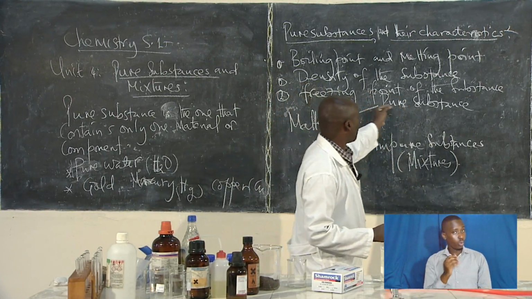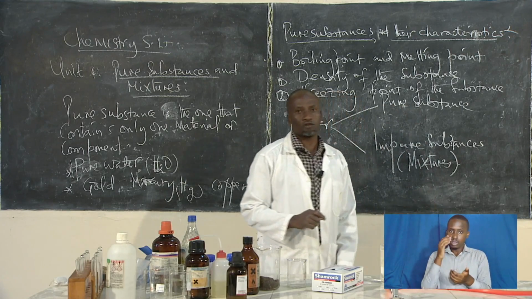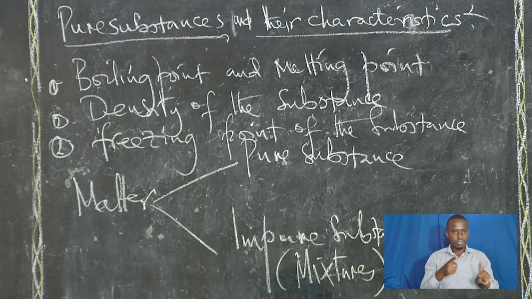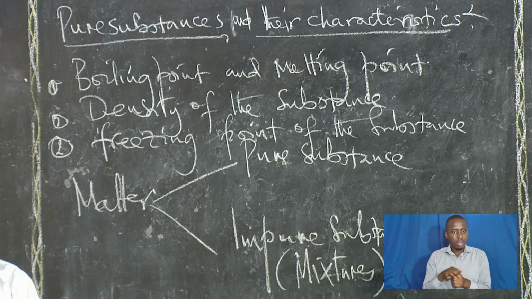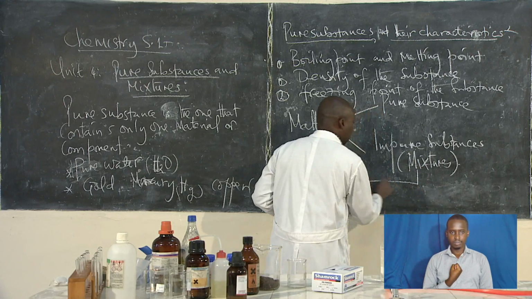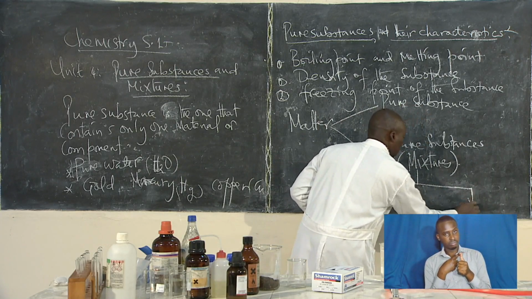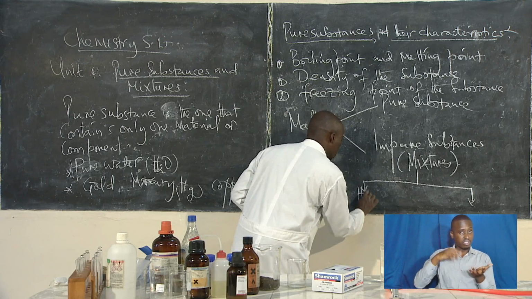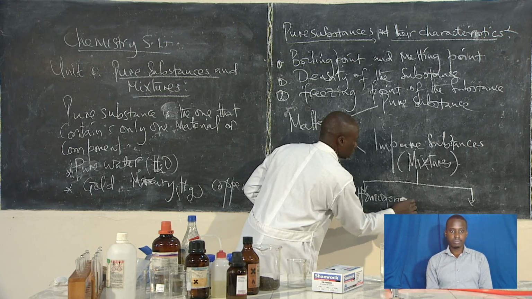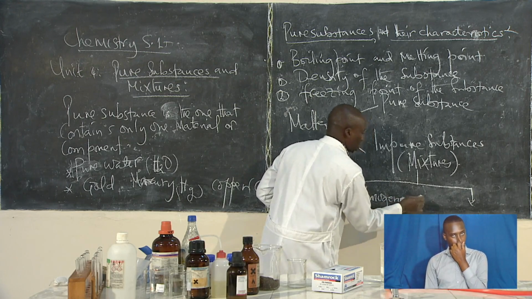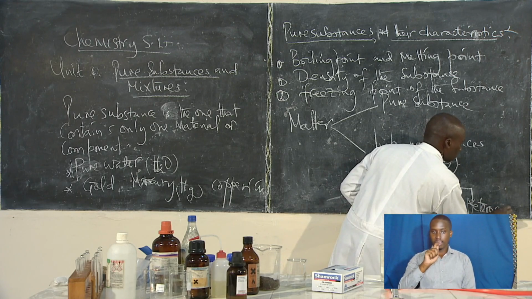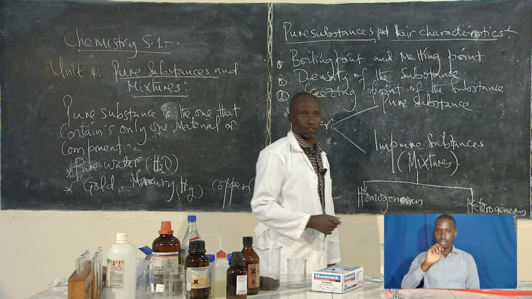So we have briefly talked about the pure substances, and then we have mixtures. Very different types of mixtures. Mainly, the mixtures are categorized into two: either homogeneous or heterogeneous mixtures.